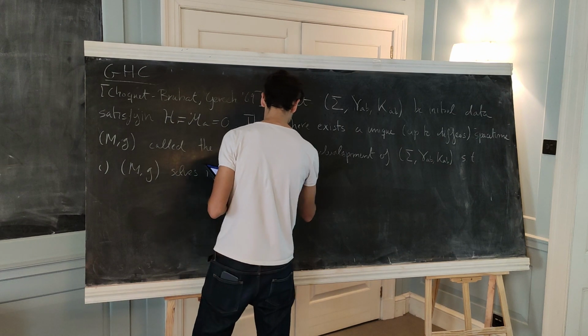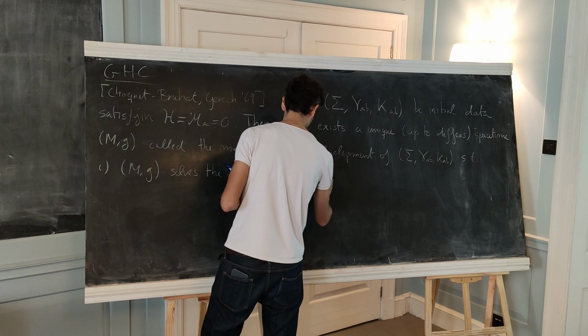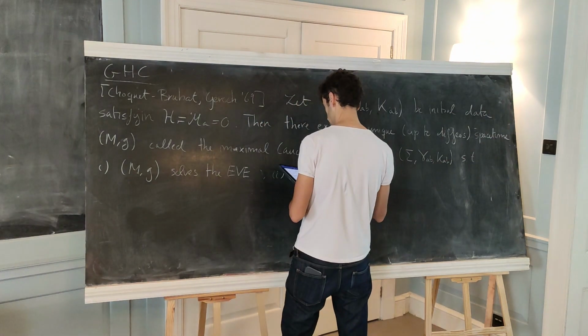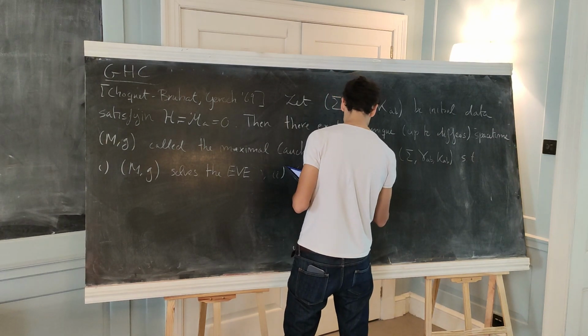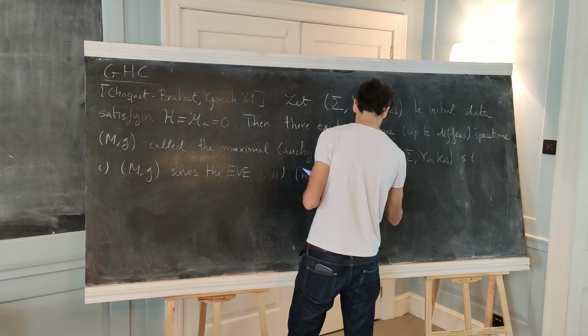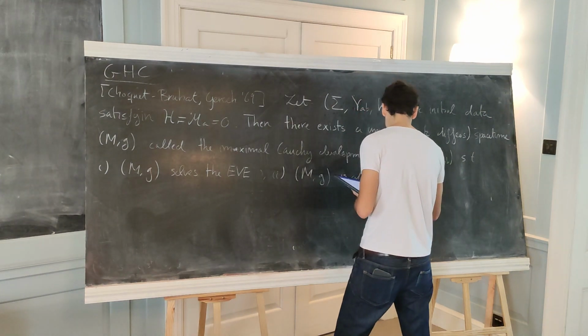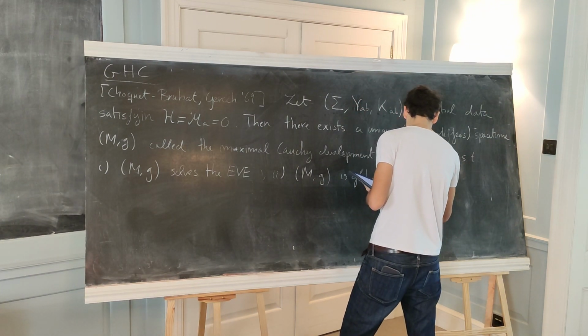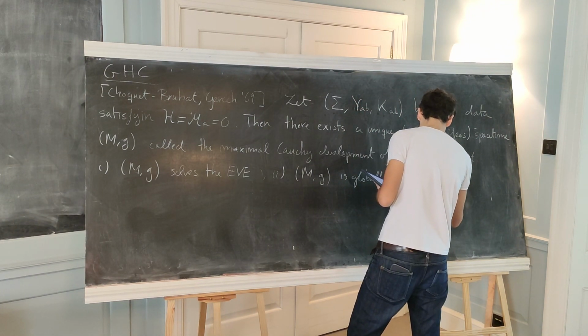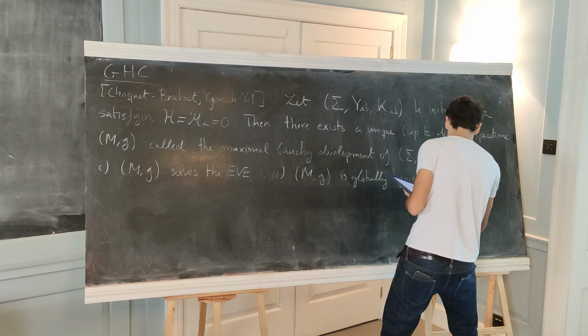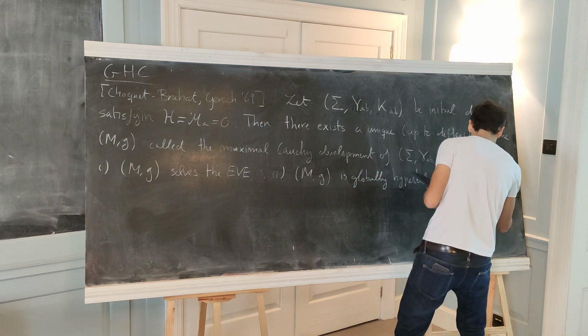Two, (M, g) is globally hyperbolic, with sigma a Cauchy surface.